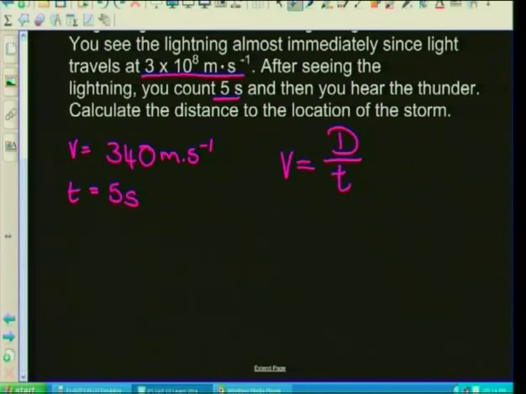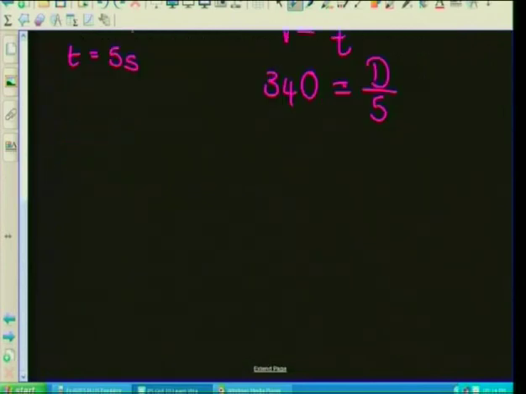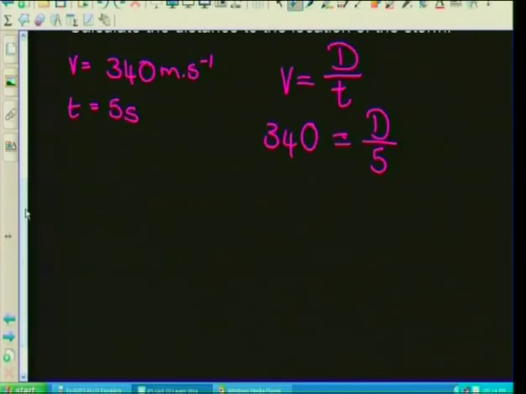So our speed is 340. My distance is what we're looking for, and my time is 5 seconds. That's nice because the 5 seconds is at the bottom. You don't have to show me the step, I just want you all to see what we're doing.